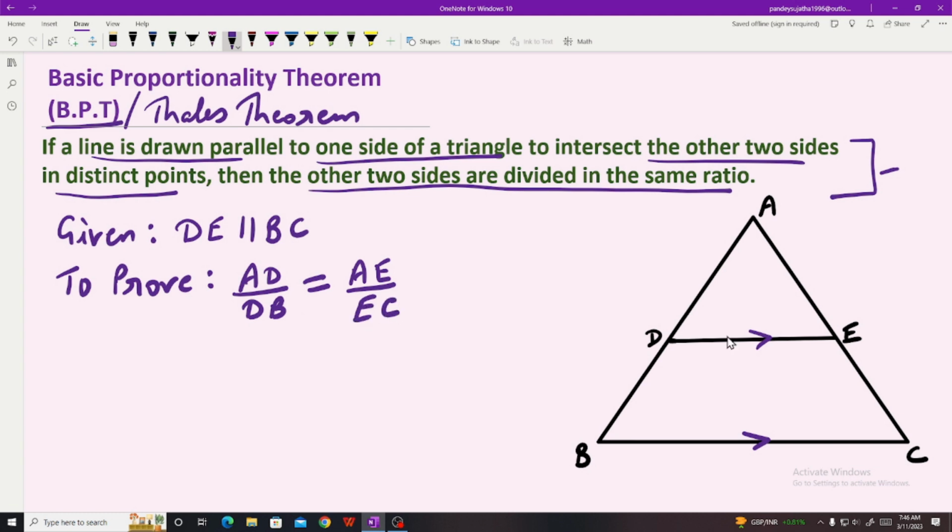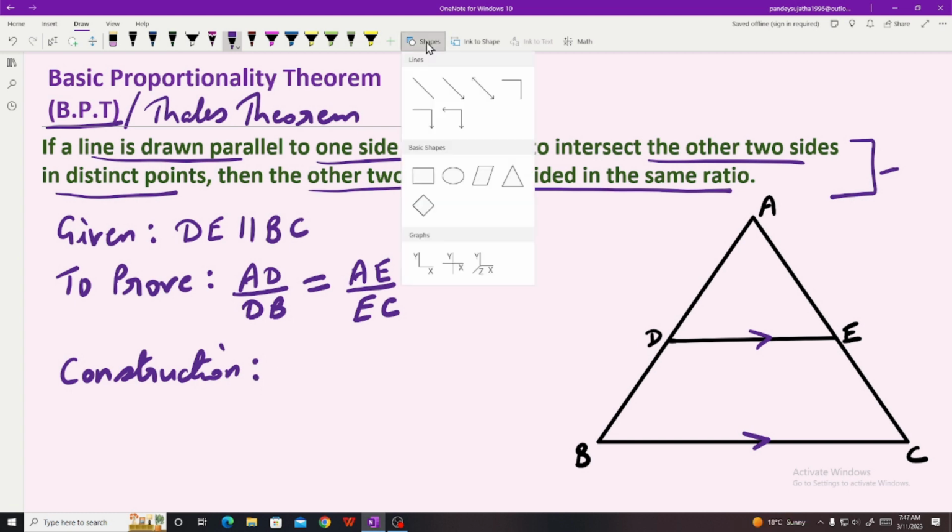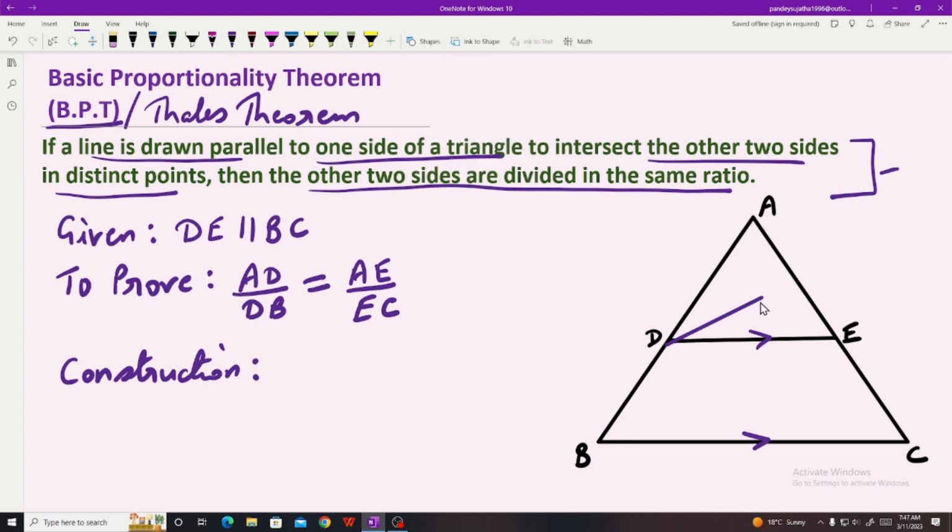Okay, to prove this theorem, we require construction. So for construction, you need to draw DM perpendicular to AE. So write draw DM perpendicular to AE.